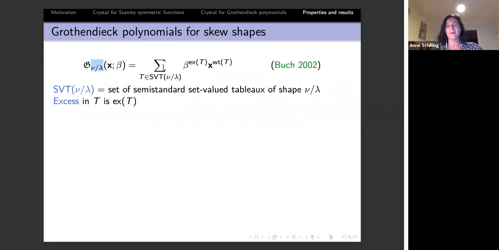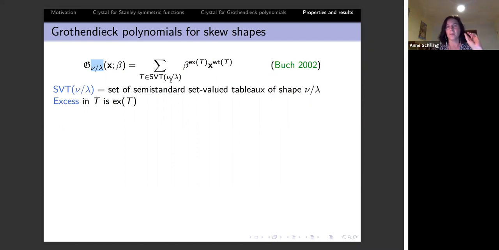There's in fact a different formula for these by Buch in terms of set-valued tableaux. So basically, we discussed a semi-standard tableau last time: you fix a shape or a skew shape, and put numbers into the boxes such that it's weakly increasing in rows and strictly increasing in columns.